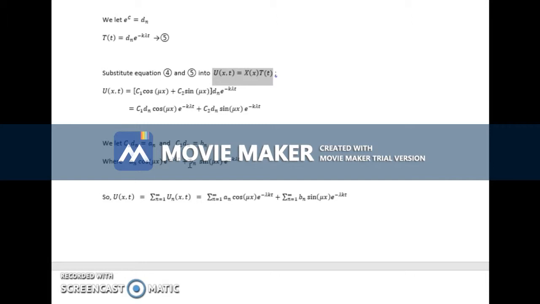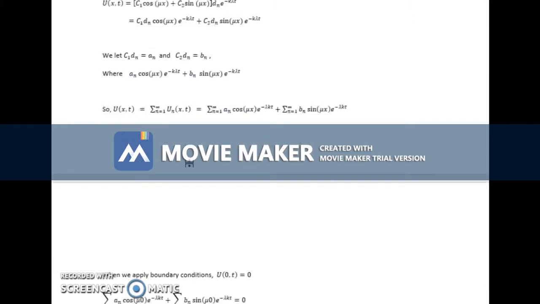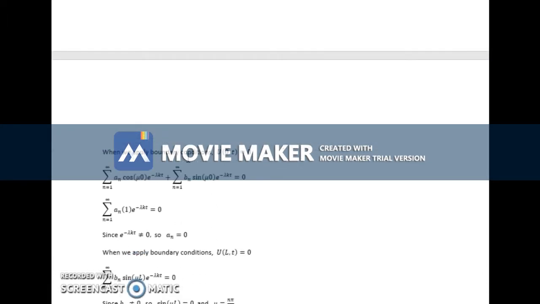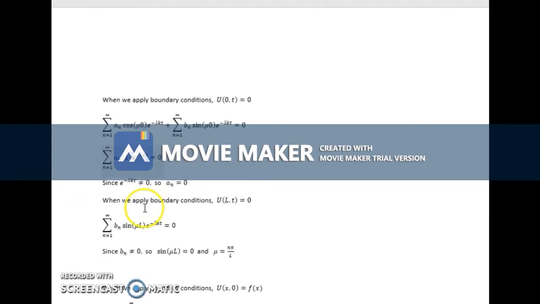After the substitution, we can apply the boundary condition. Since exponent negative lambda kt is not equal to 0, we can get an equal to 0.